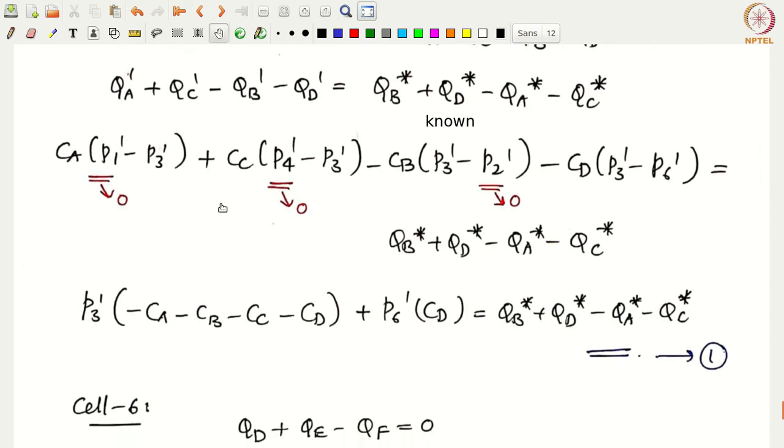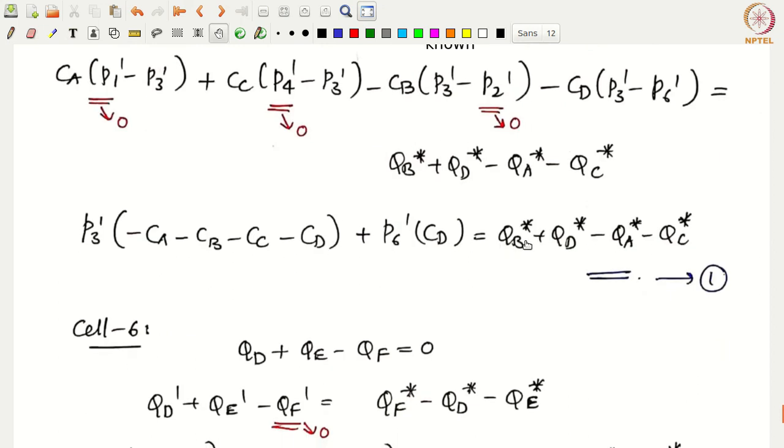That means we can collect P3 prime terms. So P3 prime times minus CA minus CB minus CC minus CD, plus P6 prime times CD, equals something on the right hand side, that is QB star plus QD star minus QA star minus QC star.